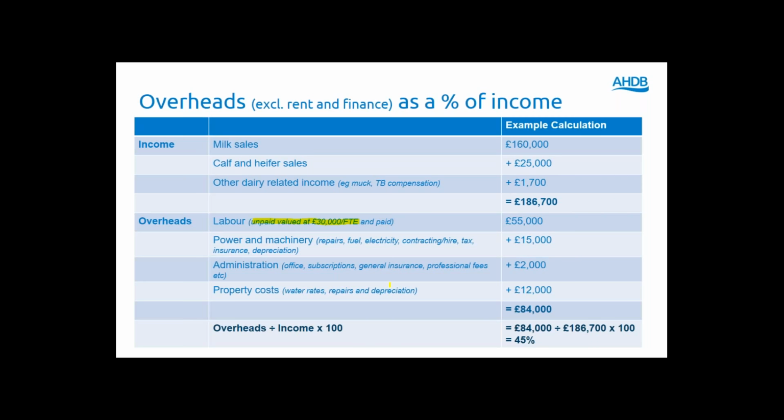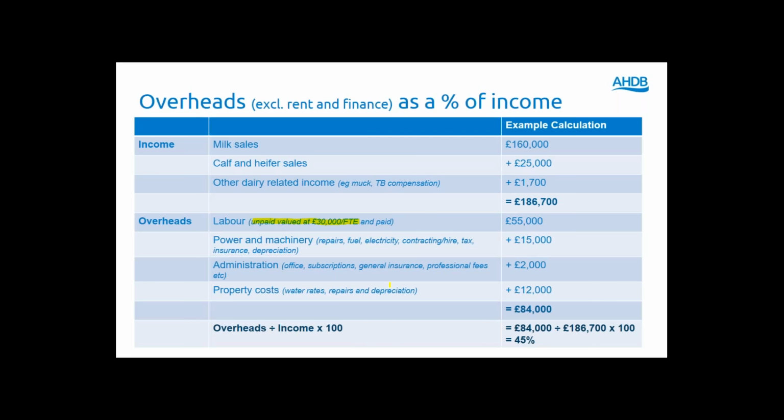Can I just ask one last thing on that? If someone is paying themselves, but they are not paying themselves 30,000, do you bump it up or not? So when you're saying paying themselves, there's actually a salary that they're taking out of the business. It's not private drawings. Okay, if they're taking a salary out of it, then that will be paid labour.